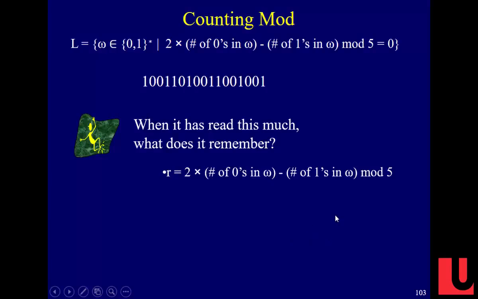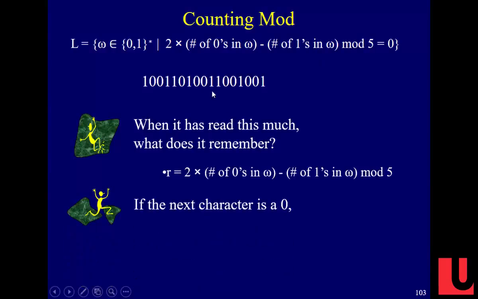Because one of the things about mods you should all know: I could do math and do a mod at the end, or I could do the mods first and then do math. It doesn't matter, as long as your math is multiplying, subtracting, and adding. It doesn't matter how you move the mods. So here, we might as well do the mods as we need them.